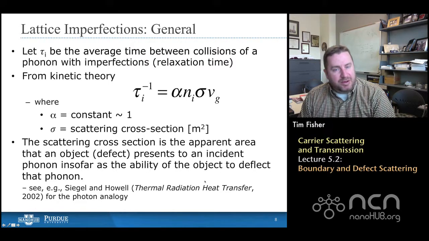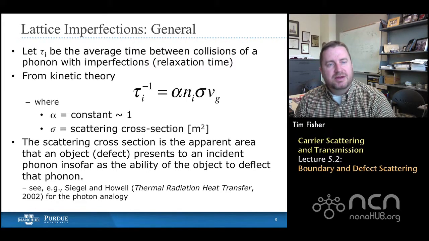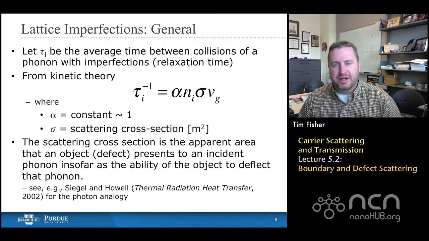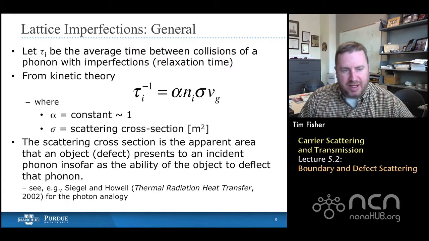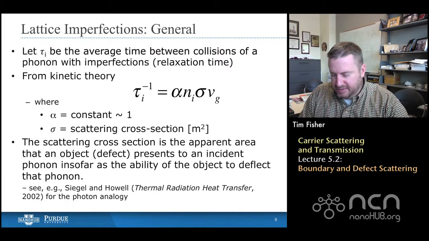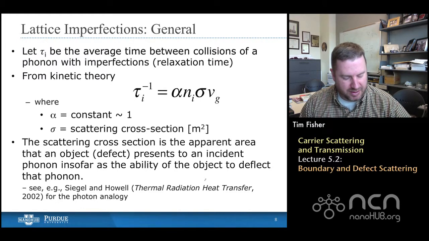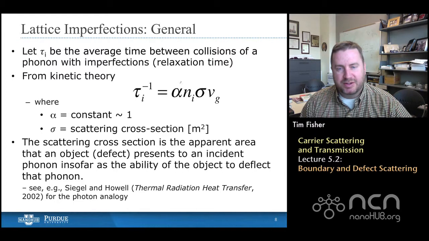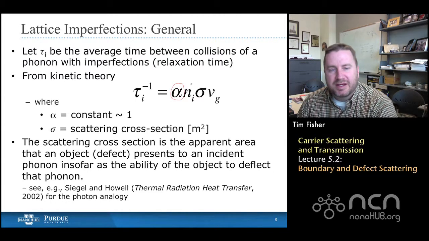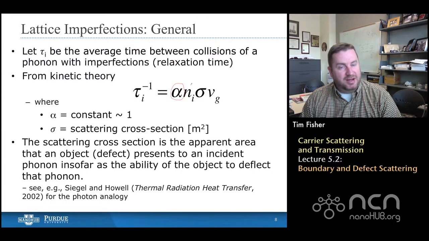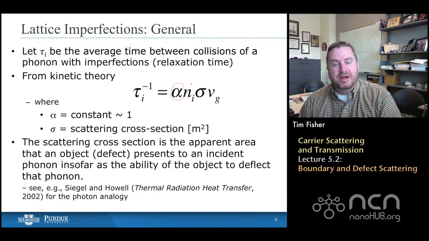So if we make it a little bit more general, if you study scattering, you'll see it written almost like we had before, but again, there often arises a need to make some engineering approximation. So we'll put a term alpha that's a constant, often used to fit data like thermal conductivity, for example, and then we have again n sub I, our defect concentration, that's per unit volume.